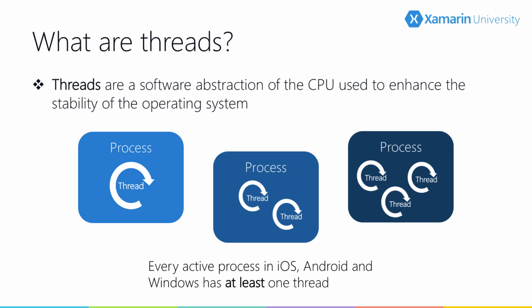Whenever you create a process by launching an application, there will be at least one thread. And we often call this first thread the main thread, or if we are in a UI-based environment, the UI thread. And then we can of course launch secondary threads, and we call them background or worker threads. And these threads then allow our application to do multiple things at the same time.